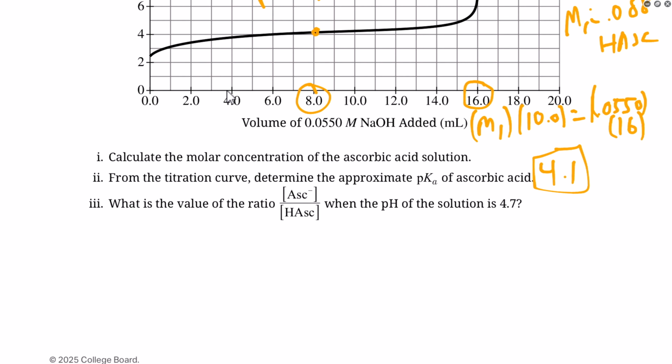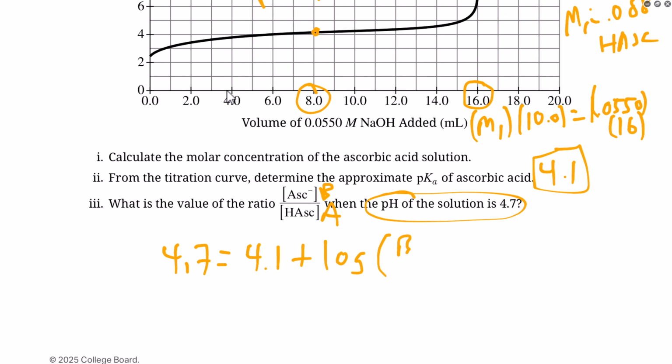And then lastly, it says, what is the value of the ratio of base to acid? This is a Henderson-Hasselbalch equation when the pH of the solution is 4.7. If the pH is 4.7 and the pKa is 4.1, we can just algebraically solve for this pretty easily.